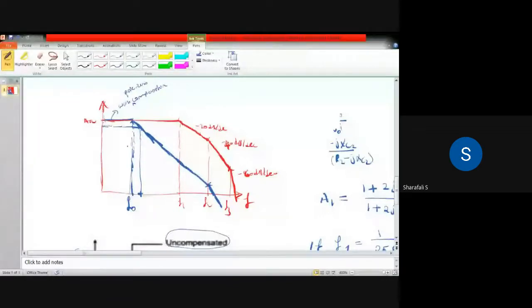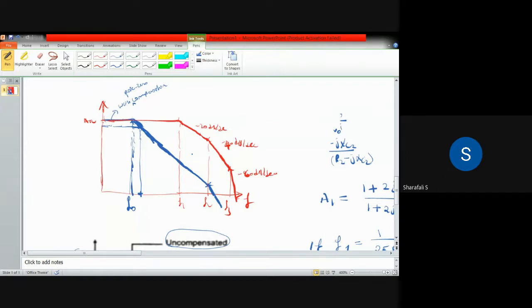Also, one more thing is that in the previous case we had this kind of smooth variation of gain, which was restricted up to F1. Then it starts decreasing again by minus 40 dB per decade because F1 is there in the dominant pole compensation. We are adding one more pole, but we are not taking away any of the poles in the system in the dominant pole compensation.